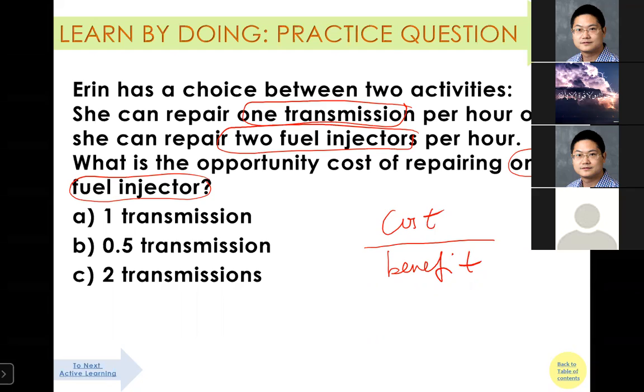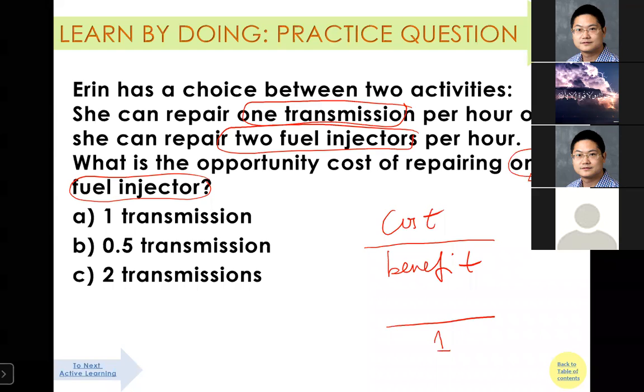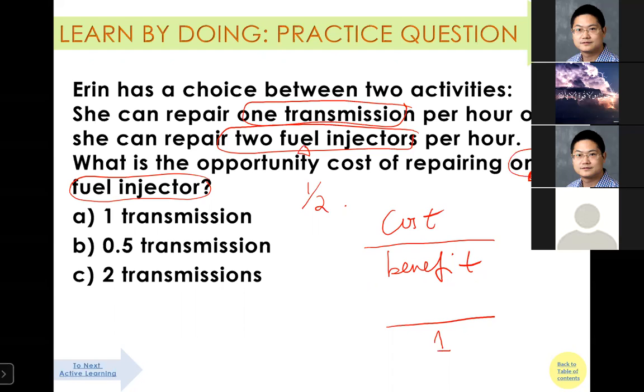Now we need to identify the benefit. The benefit is that she wants to repair 1 fuel injector. But during the time of repairing 1 fuel injector, how many transmissions can she repair? Because 2 fuel injectors take her 1 hour, 1 fuel injector takes half an hour. In half an hour, she can only repair half a transmission, because it takes 1 full hour to repair 1 transmission.